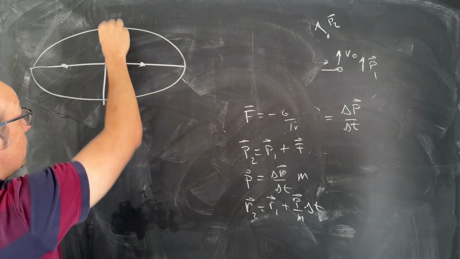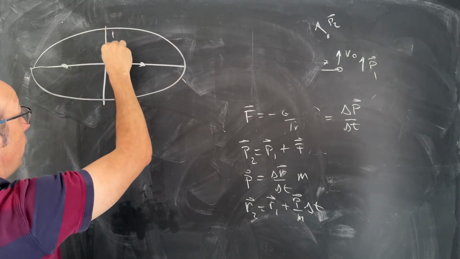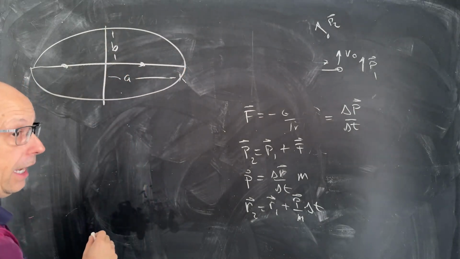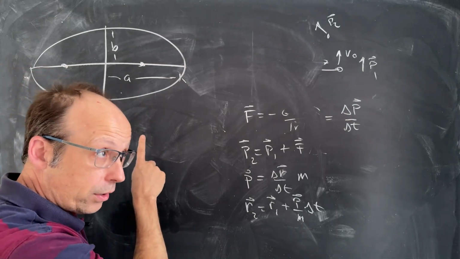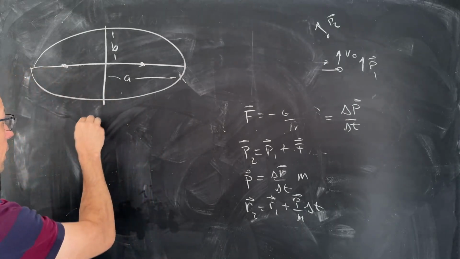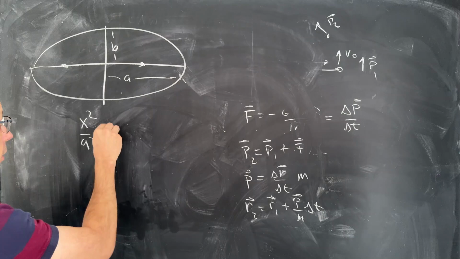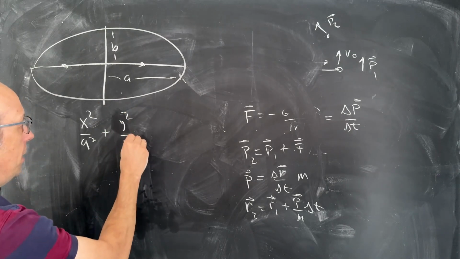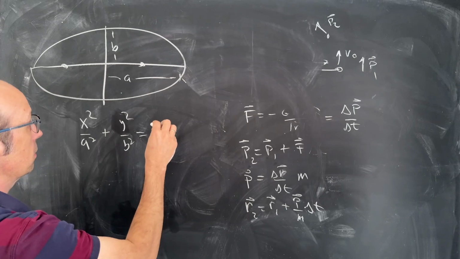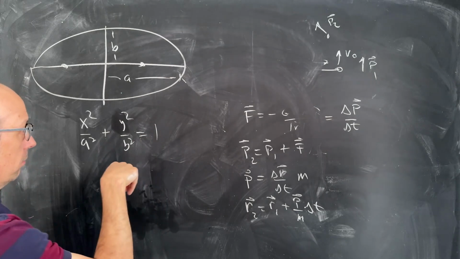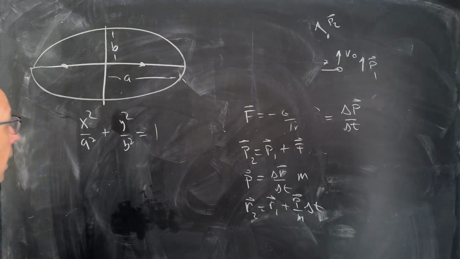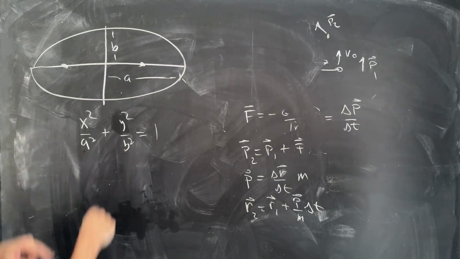So this is my semi-major axis. We're going to call that B. This is my major axis. We'll call A. And so the coordinates here follow x squared over a squared plus y squared over b squared equals 1. Is that right? Yeah.